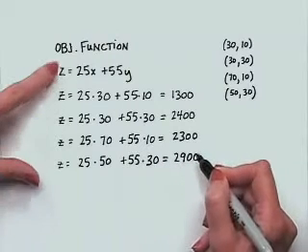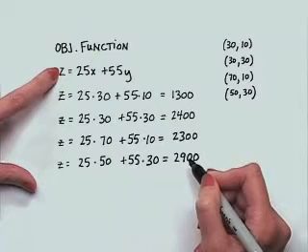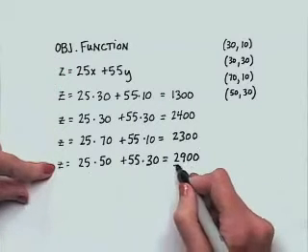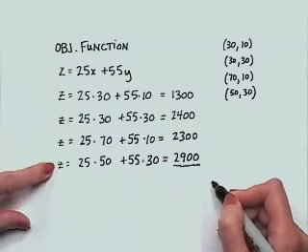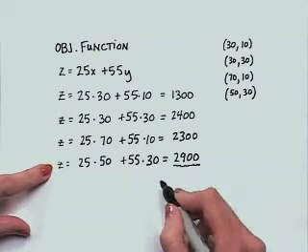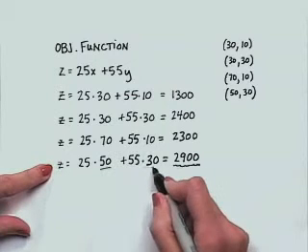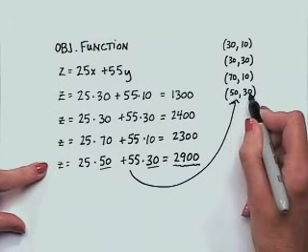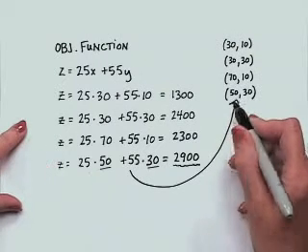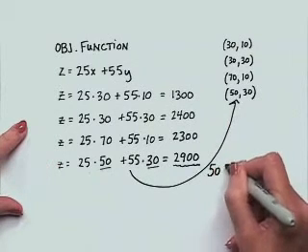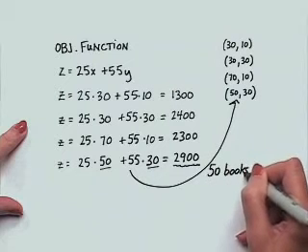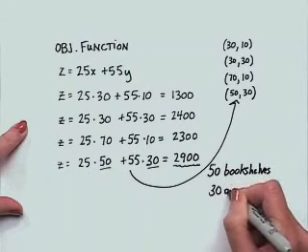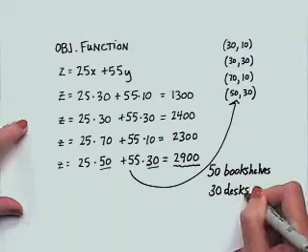Now remember, our objective is to maximize the profit given by the value of z. We can see that the maximum profit will be $2,900 daily, and that's going to occur whenever we're using the values associated with the point 50, 30. That tells us to produce 50 bookshelves and 30 desks daily to meet that maximum profit.